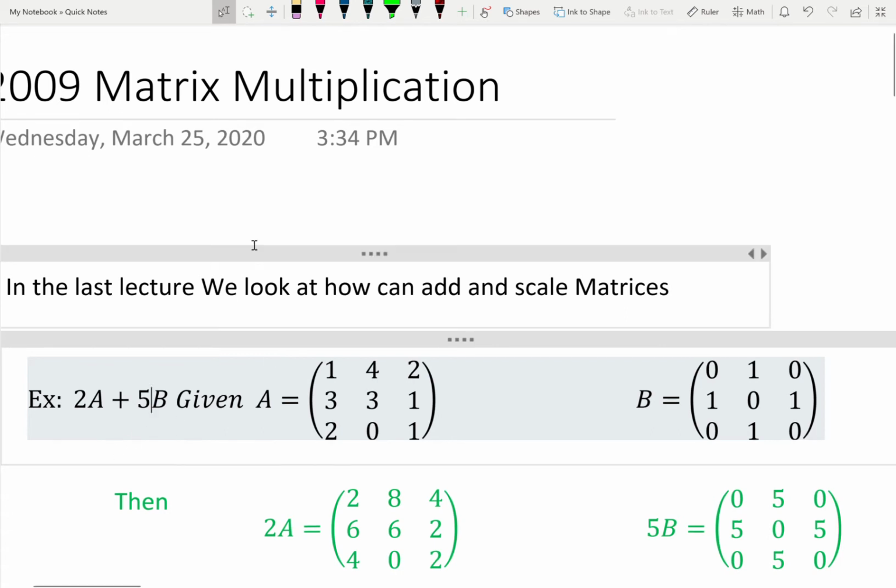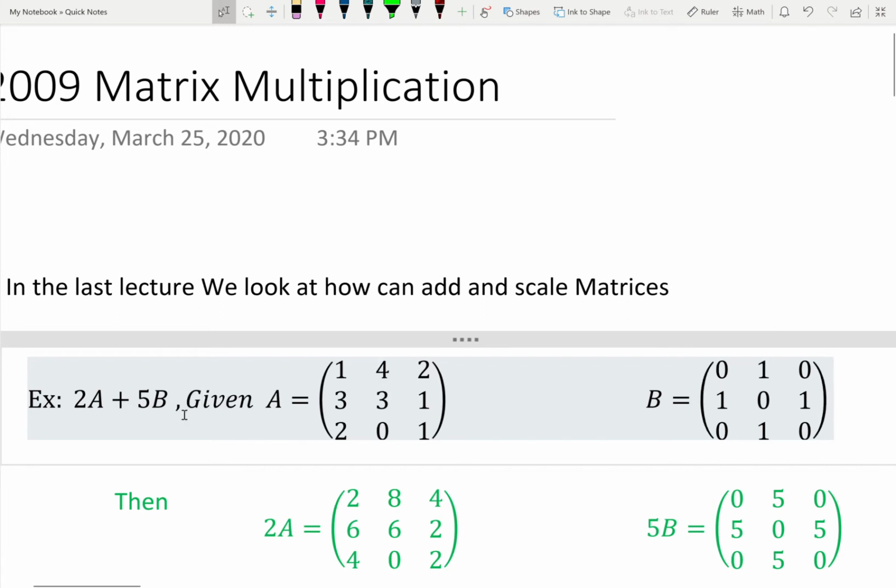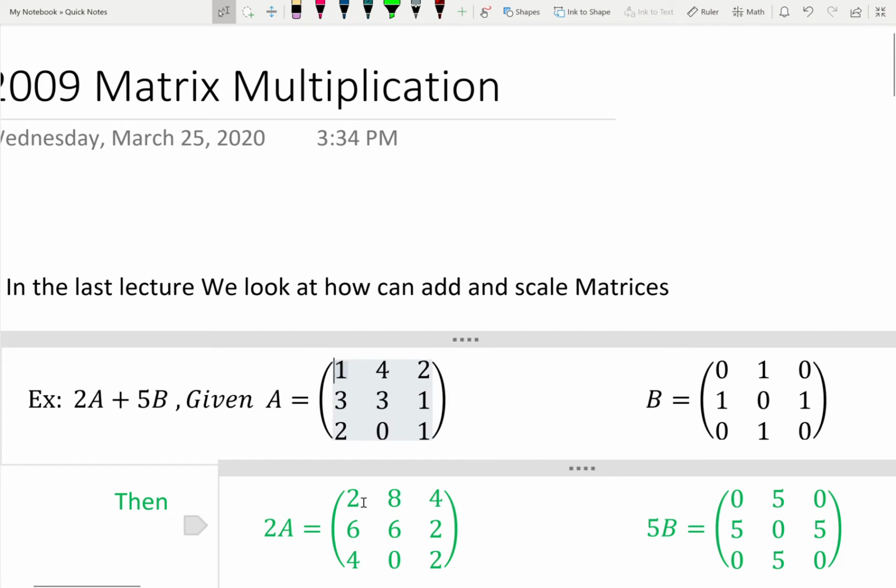So here we go. We're given two matrices, A and B, and our goal here is to find what 2A plus 5B is equal to. So if A is represented by this matrix, then 2A is all of these entries multiplied by 2.